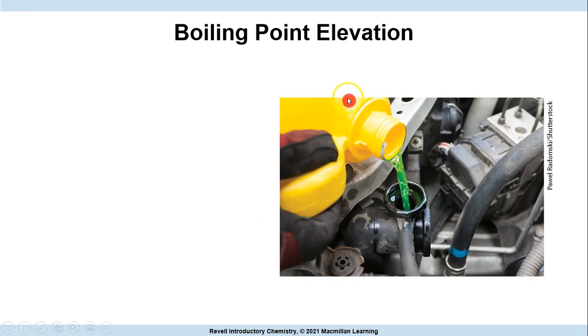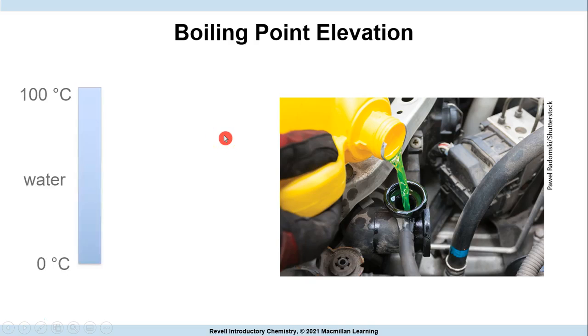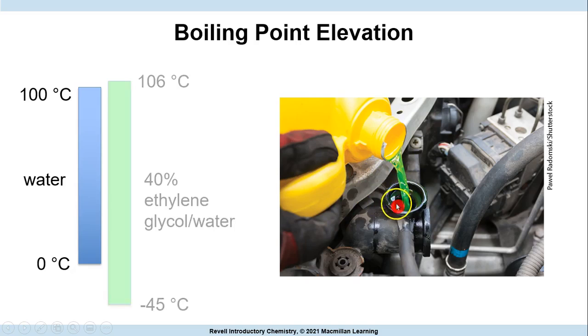Now let's look at the boiling point elevation. Same thing, we know that water has a boiling point of 100 degrees and a freezing point of 0 degrees. Now we see that we use ethylene glycol in water, 40% ethylene glycol in water in our engines. So that actually does work in the engine.